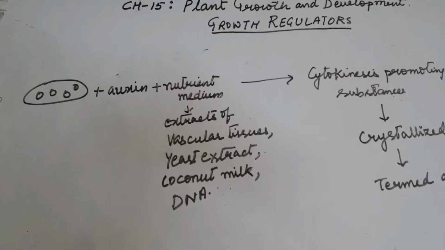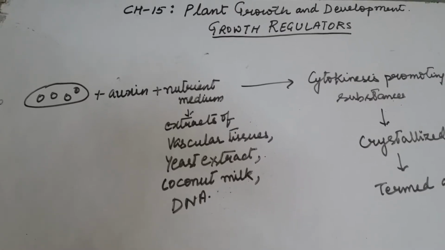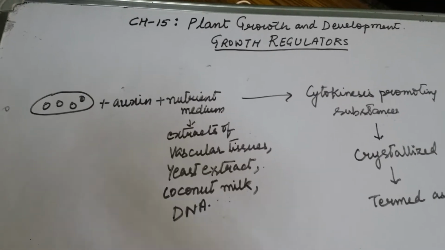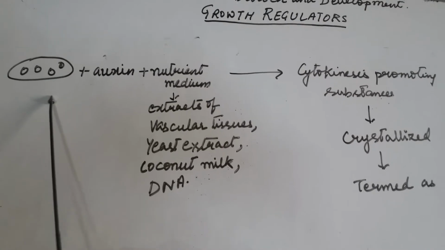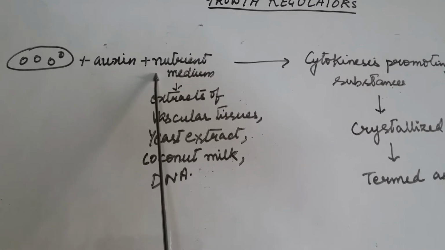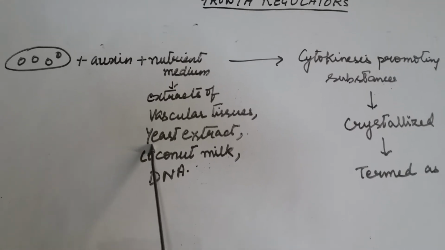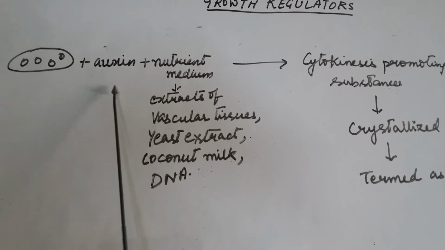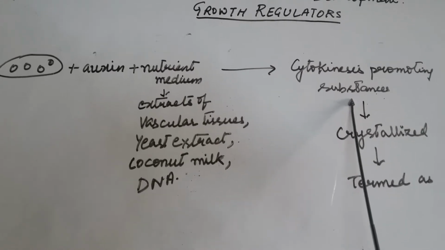Apart from the discovery by Charles Darwin and Francis Darwin, it has been seen that when callus, that is a mass of cells, is inoculated in a nutrient medium that contains extracts of vascular tissues, yeast extract, coconut milk or tissue, in addition to auxin, cytokinesis promoting substances are formed.